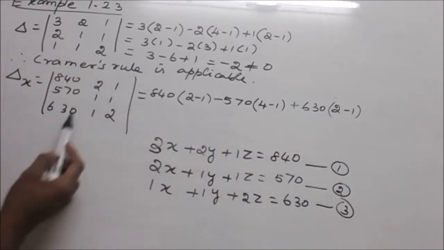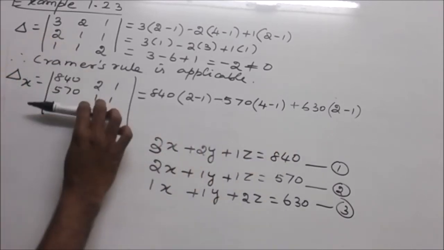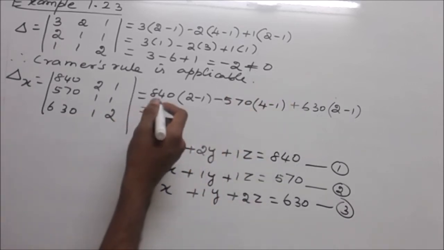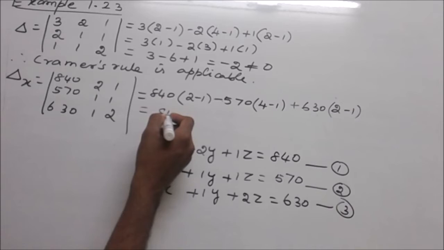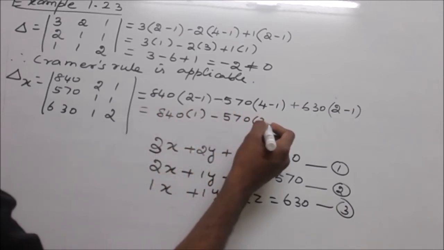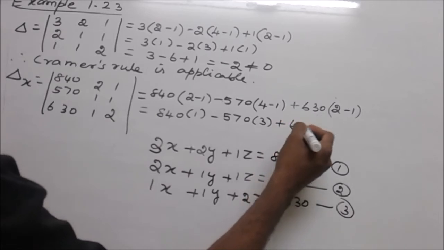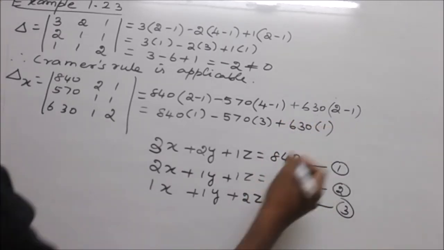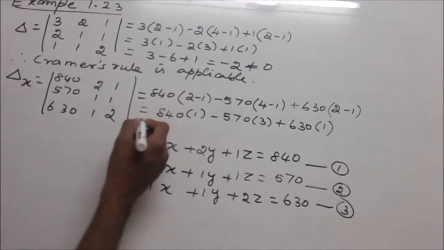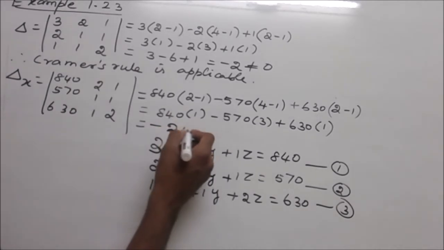And for 630, this column and row are omitted, so 2 minus 1. So 840 into 1 minus 570 into 3 plus 630 into 1. Simplifying this, we get minus 240.